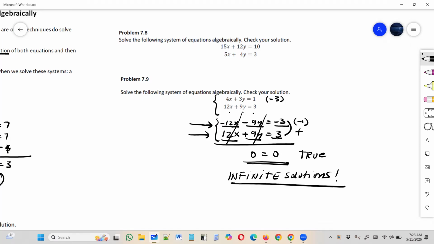So it's the exact same equation. Okay, so if you get 0 equals 0, you write infinite solutions. If you get 0 equals any other number, this is no solution. Okay? So this is how you solve these systems of equations with the 3 possible cases: unique solution, no solution, and infinite solutions.